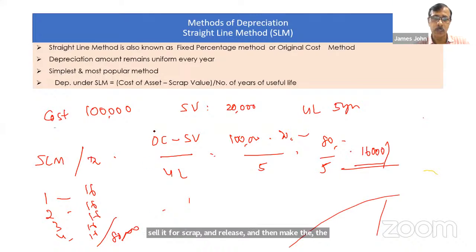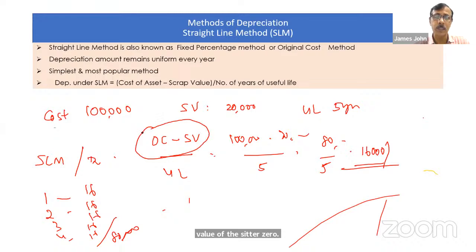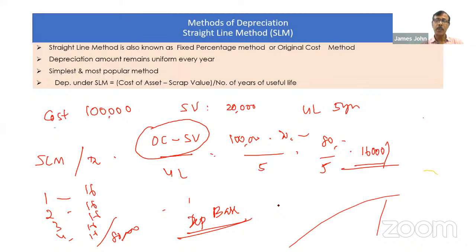Here this amount, cost minus salvage value, is called the depreciable base. Remember, what is depreciable base? The cost minus the scrap value.